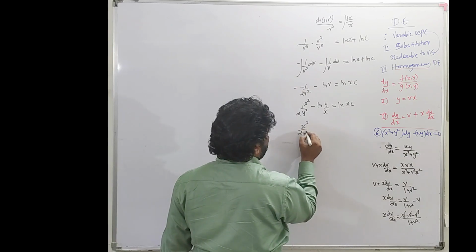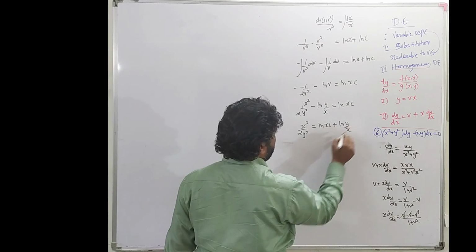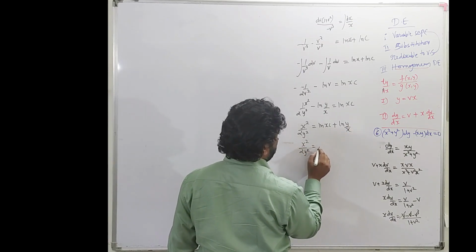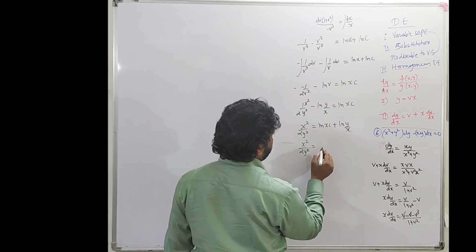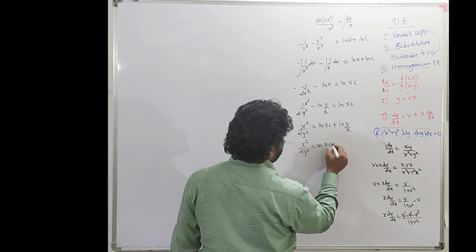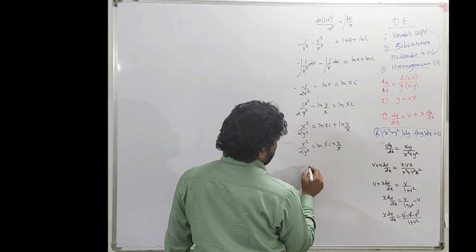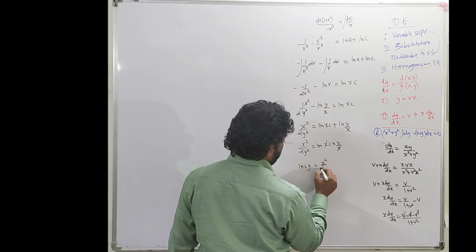X square by 2y square is ln xc plus ln y by x. So x square by 2y square would be equal to ln xc multiplied by y by x. X gets cancelled. So ln cy is equal to x square by 2y square.